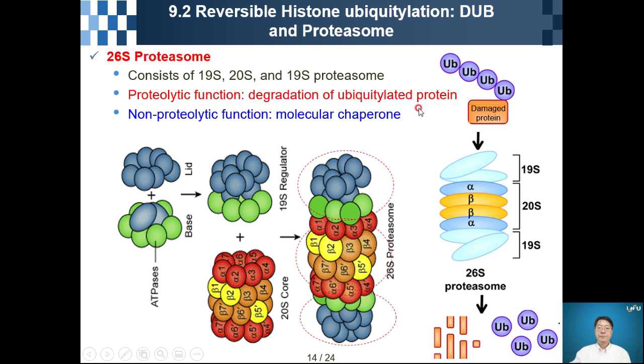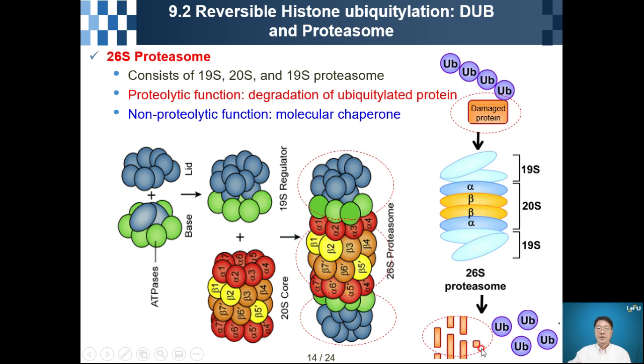For example, if a protein is damaged, this damaged protein can be recognized by ubiquitin. After that, this ubiquitylated protein can be recognized by the 26S proteasome, and finally the damaged protein can be degraded.